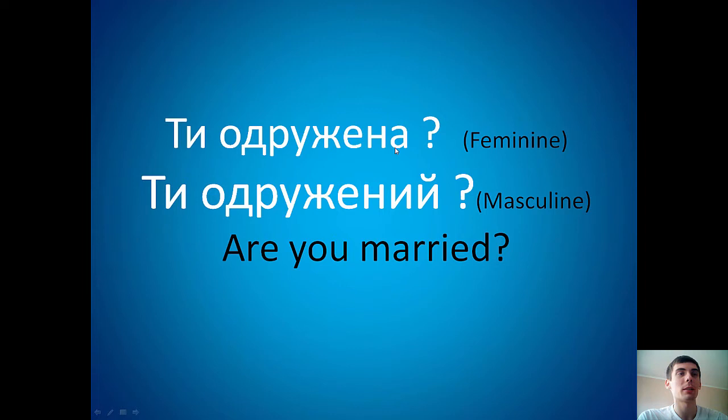And when you want to ask the same question to a man or to a very young man who is like a boy, you are going to ask ти одружений. Ти одружена. Ти одружений. The intonation goes slightly up, but it's not critical.